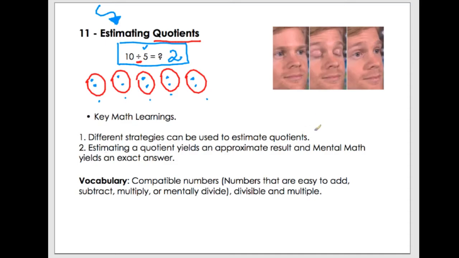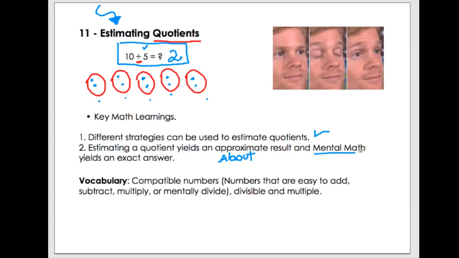I know, teacher, that we are always shown more than one strategy. Okay, so estimating a quotient yields a result, but it's not the exact result because it's about. Remember that we always say that when we are estimating.